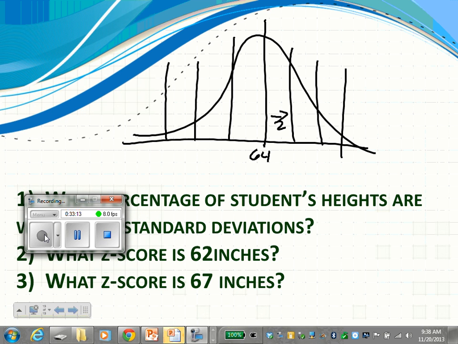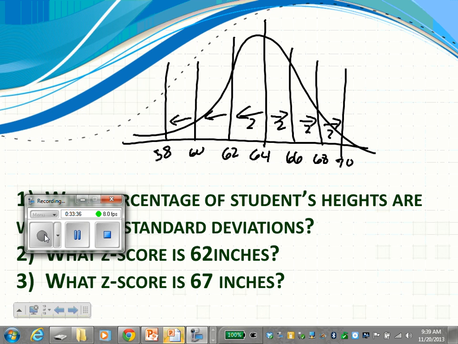So if that gap is 2, this is a 66. To get that, you just add 2 to 64. So this gap is 2, so that would be 68. This gap is 2, which would be 70. In a negative direction, this would be 62. This would be 60, and that would be 58.